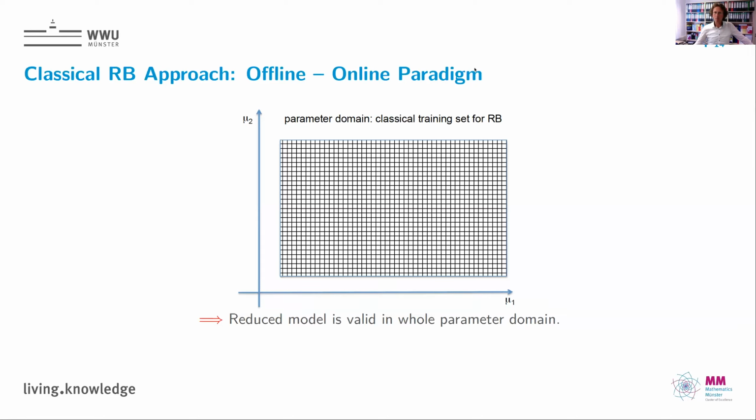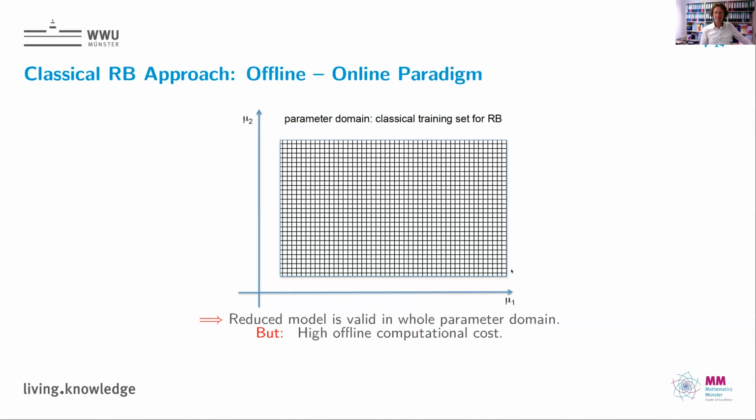The classical paradigm of offline-online splitting means that you want to construct a reduced model that has a guaranteed accuracy in all the parameter domain, so in the whole box. But this might have very high offline computational cost and high storage, because you need to really take care that you cover the accuracy in all of this parameter space.